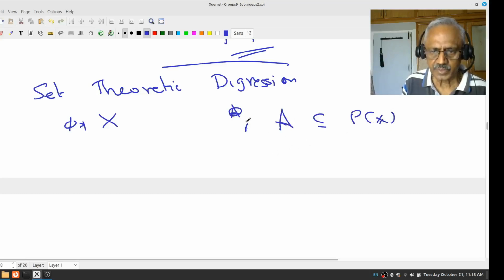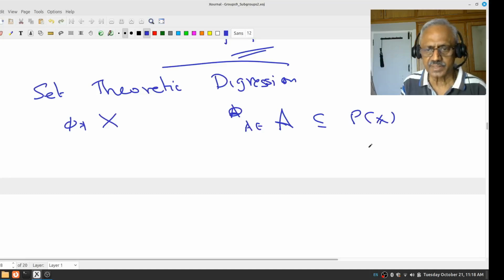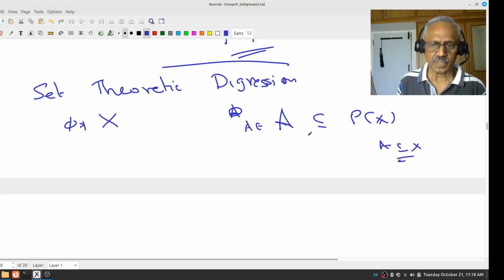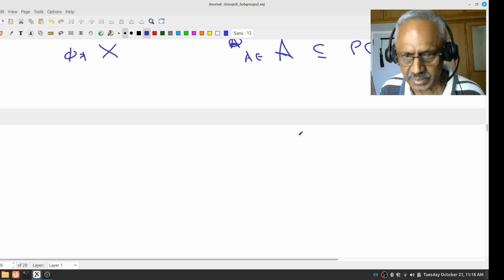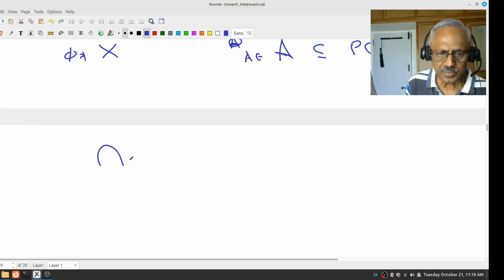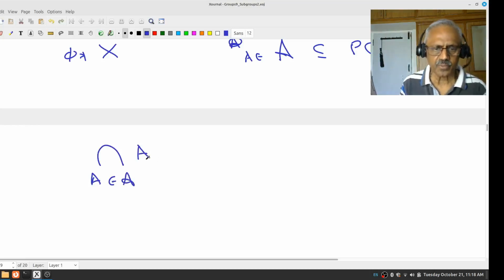If you say A belongs to script A, this A is a subset of X. It's a collection of subsets, not all subsets, perhaps a collection. Then I want to know what is meant by this notation: the intersection of all elements in script A.